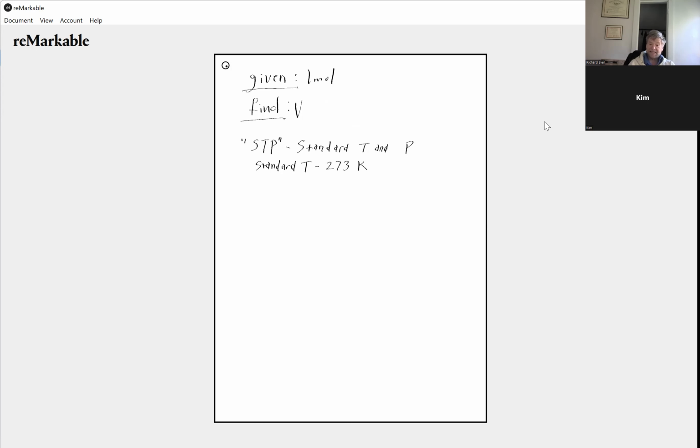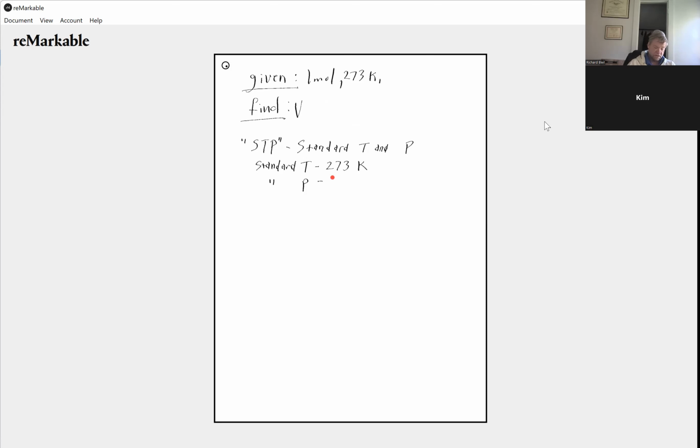So when I say STP, we know temperature. The temperature is 273 Kelvin. And the standard pressure is the pressure my students feel when they're doing their homework. It's like a joke.